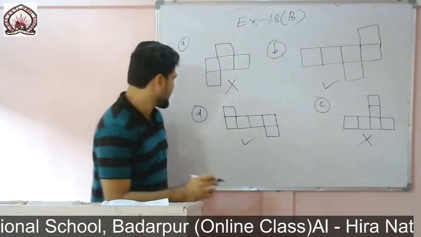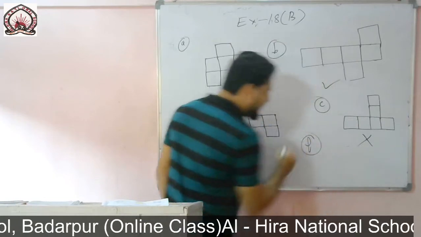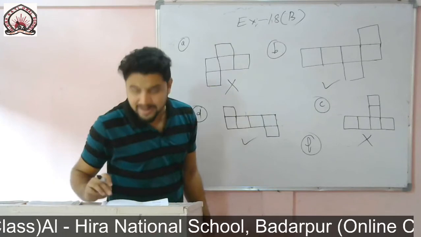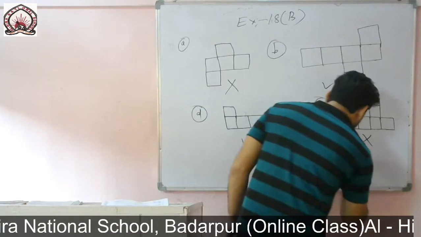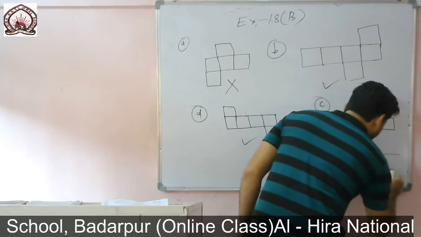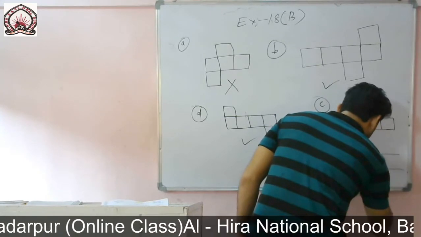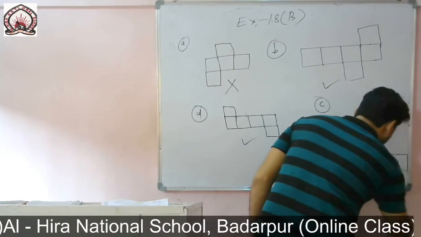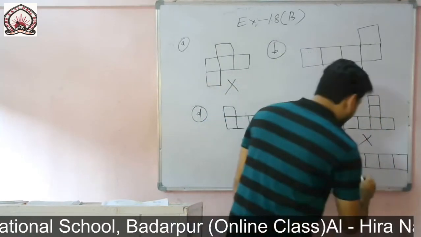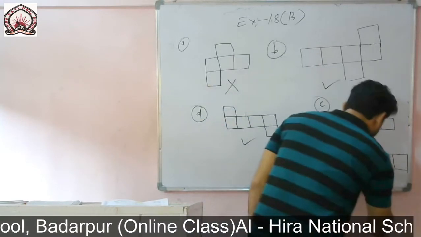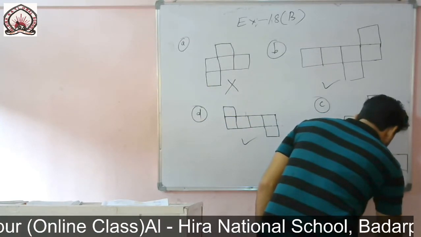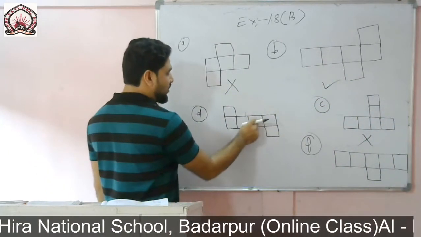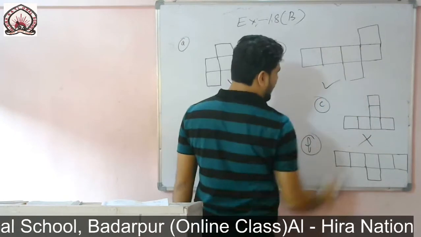Now come to E, F. In F it is not possible, you see, because there are 1 2 3 4 5 6, but there are 5 sides. We need horizontally how many boxes? 1 2 3 4, 1 2 3 4, okay.